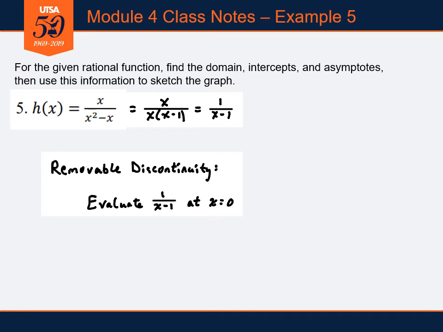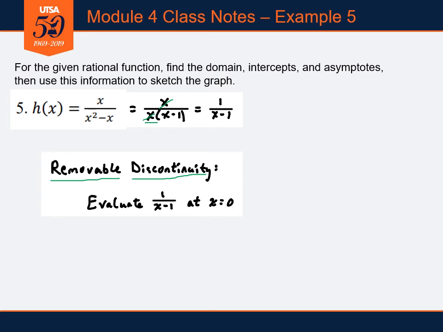Now let's talk about what happens with that factor of x that canceled in the numerator and denominator. That turns out to be what we call, in fancy math terms, a removable discontinuity. Another way of stating that in plain English is it's going to be a hole in the graph of the function.